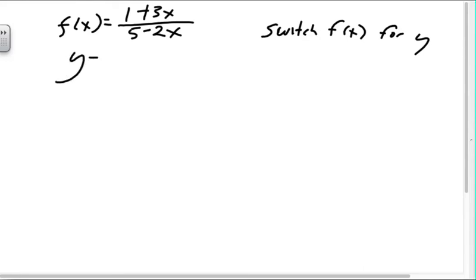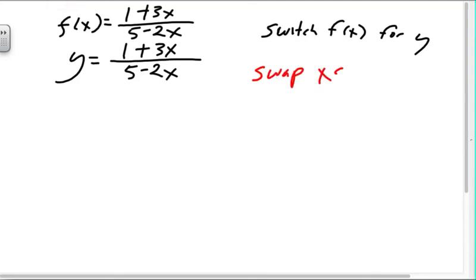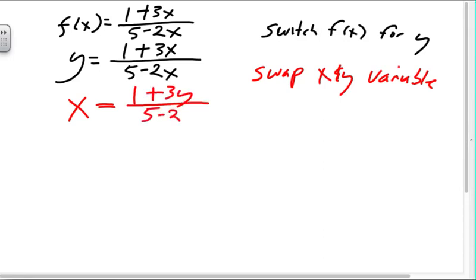I'm going to have y equals 1 plus 3x over 5 minus 2x. Okay, my next step then is to swap x and y variables. And everywhere I've got an x, I'm going to put a y, and everywhere I got a y, I'm going to put an x. That gives me x equals 1 plus 3y over 5 minus 2y.